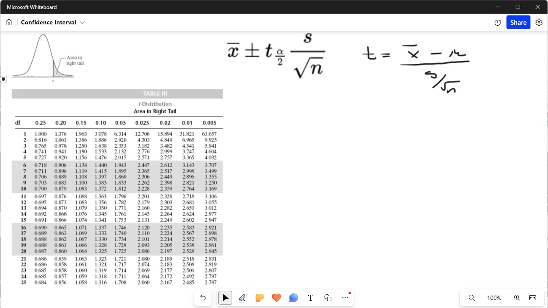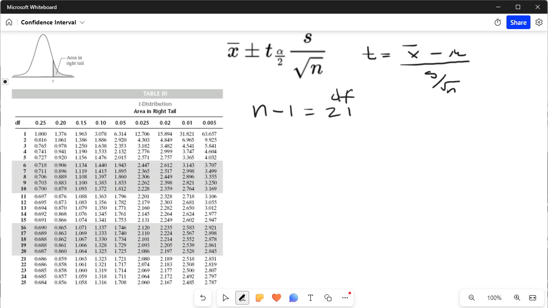This still follows what we call the t distribution with n-1 degrees of freedom. So what if we had a sample size where n-1 was equal to 21? That means this is our degrees of freedom.